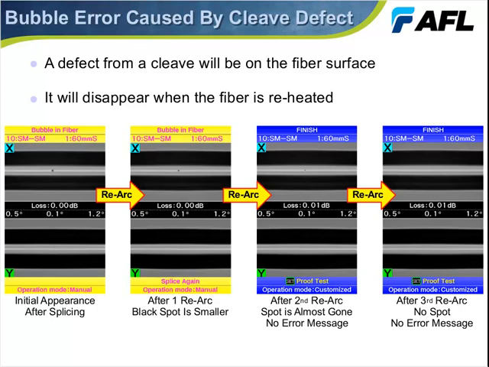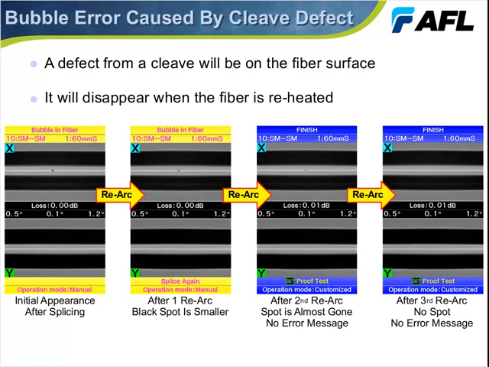You can see here the initial appearance after splicing is shown in the leftmost image, and if you look carefully, we're seeing both the perpendicular X and Y camera images of the spliced fiber, and there's a little spot in the upper X-hand image.